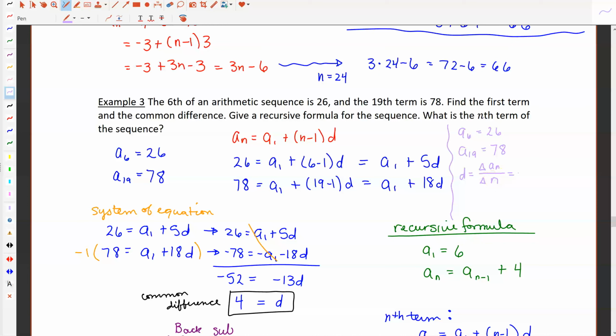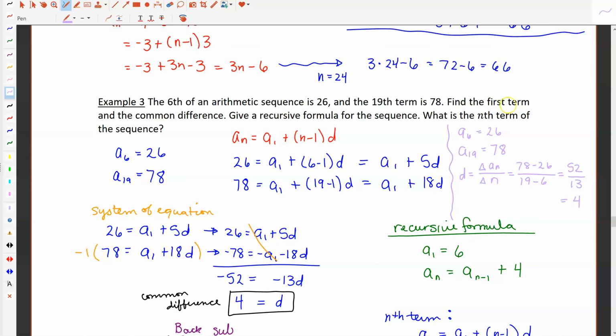So for this problem, my change in output is 78 minus 26, that's 52, over my change in input, which is 19 minus 6, or 13. If you simplify this ratio, 52 over 13 equals 4. So there's your common difference.